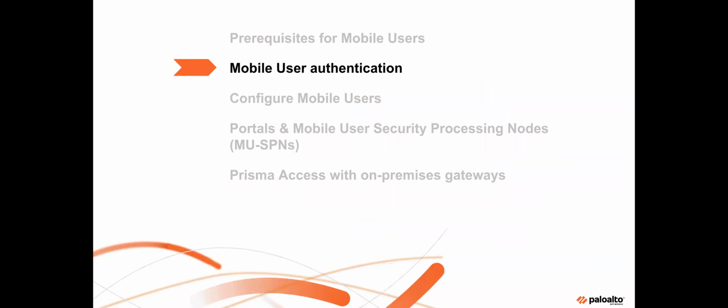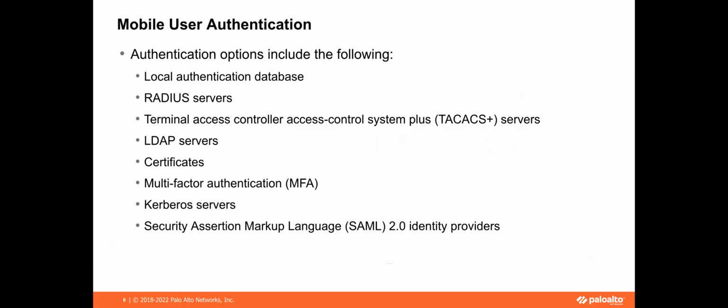Mobile user authentication. In this section, we will describe how to configure the authentication that you will use for your mobile users. Before the user connects to Prisma Access, he or she will need to authenticate to get a connection. For authentication, you have a lot of methods, and we will describe some of them.